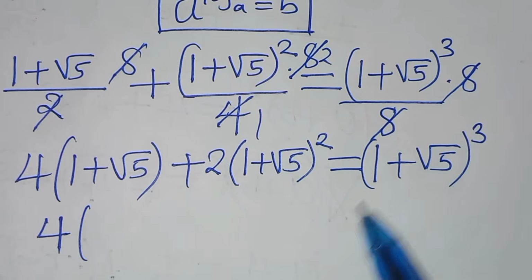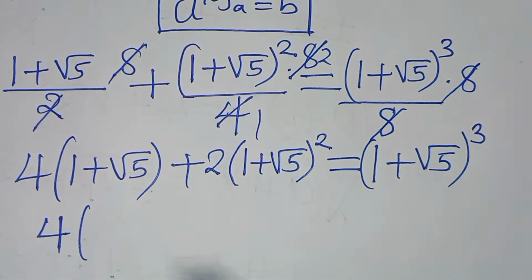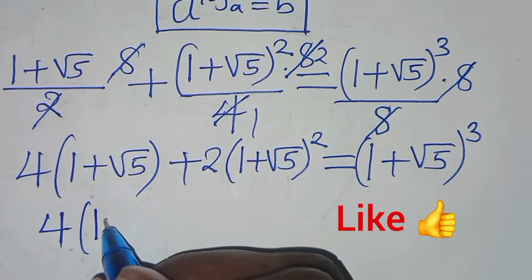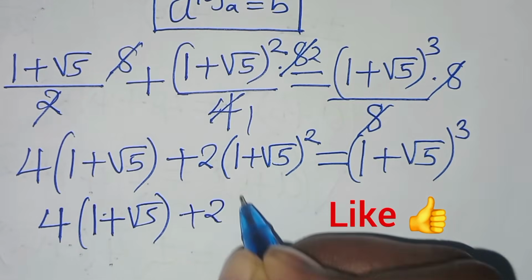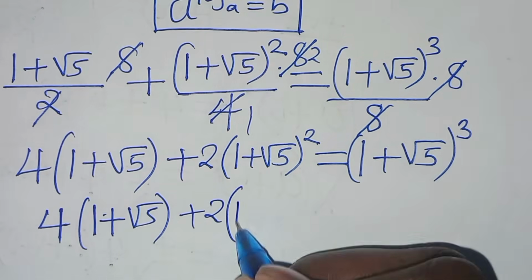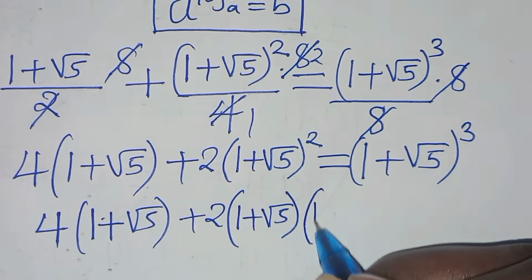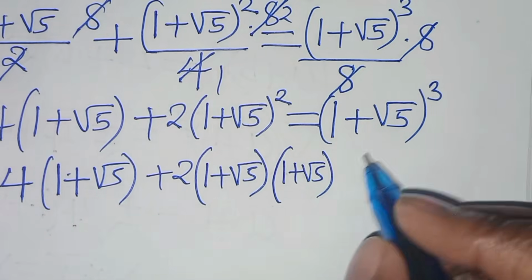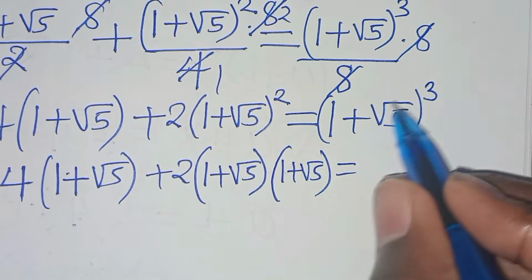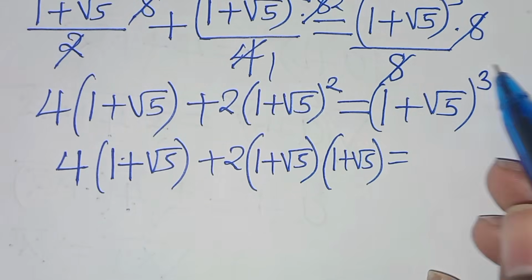The next step from here, we can express 1 plus square root of 5 raised to the power of 2 as, now here is 4 times 1 plus square root of 5 plus 2. Now this is the same thing as 1 plus square root of 5 times again 1 plus square root of 5. This is equal to 1 plus square root of 5 raised to the power of 3.